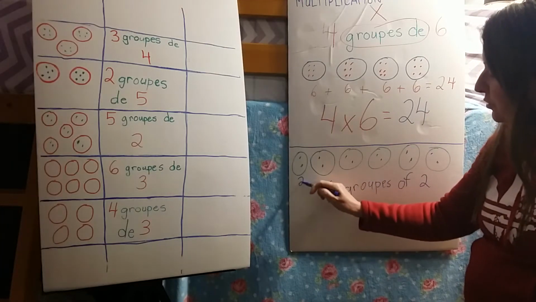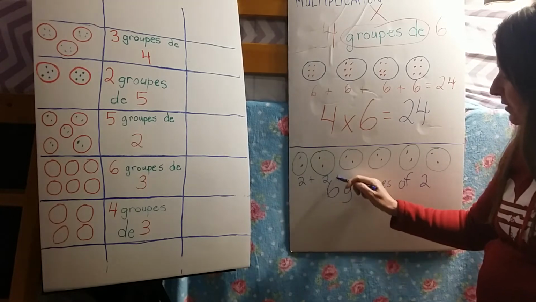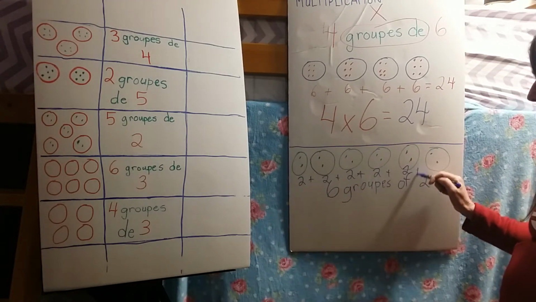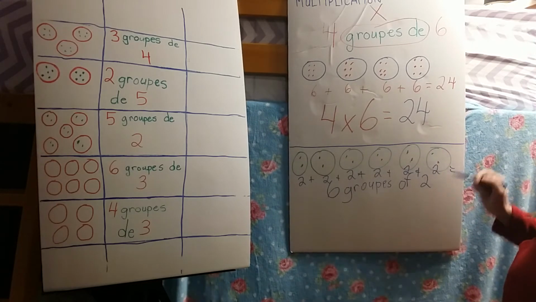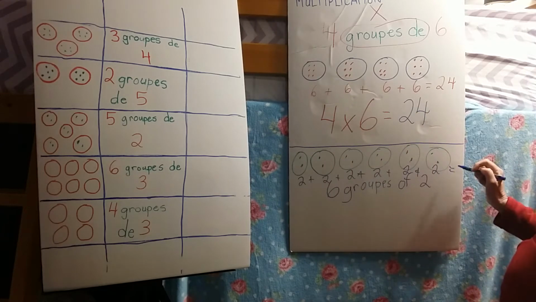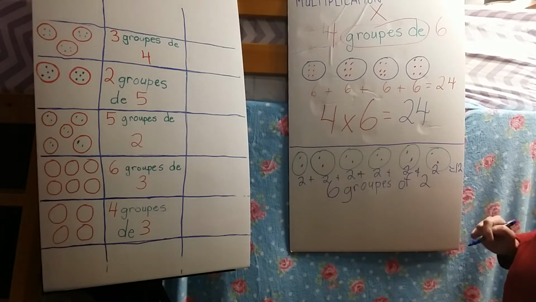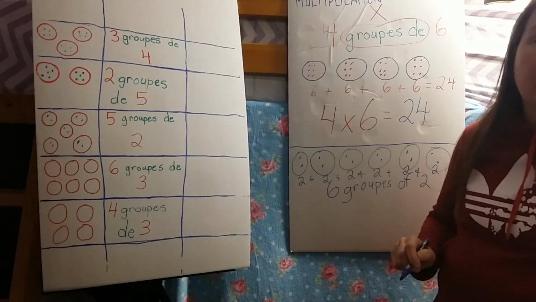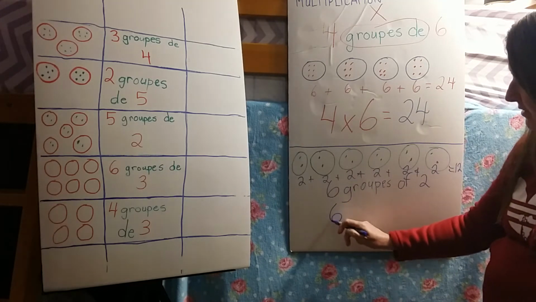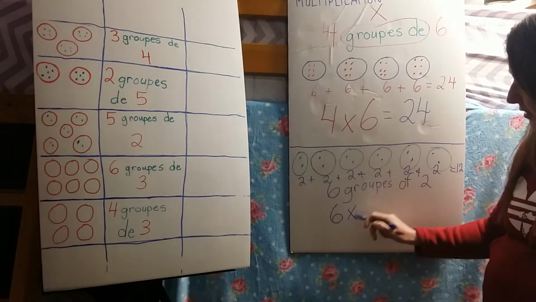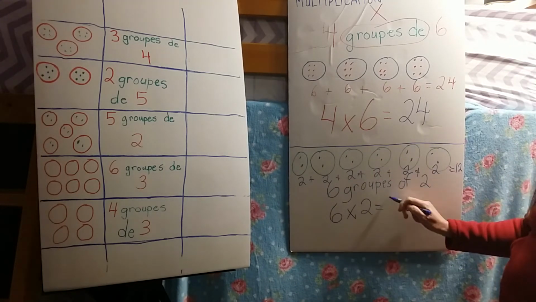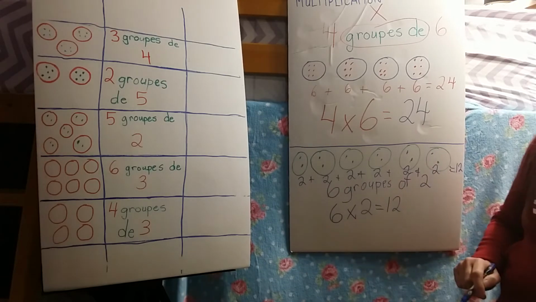I could go 2 plus 2 plus 2 plus 2 plus 2 plus 2 gives me 2, 4, 6, 8, 10, 12. Or I could do this much more quickly and simply put 6 groups of 2 gives me, and we know that 6 groups of 2 gives us 12.